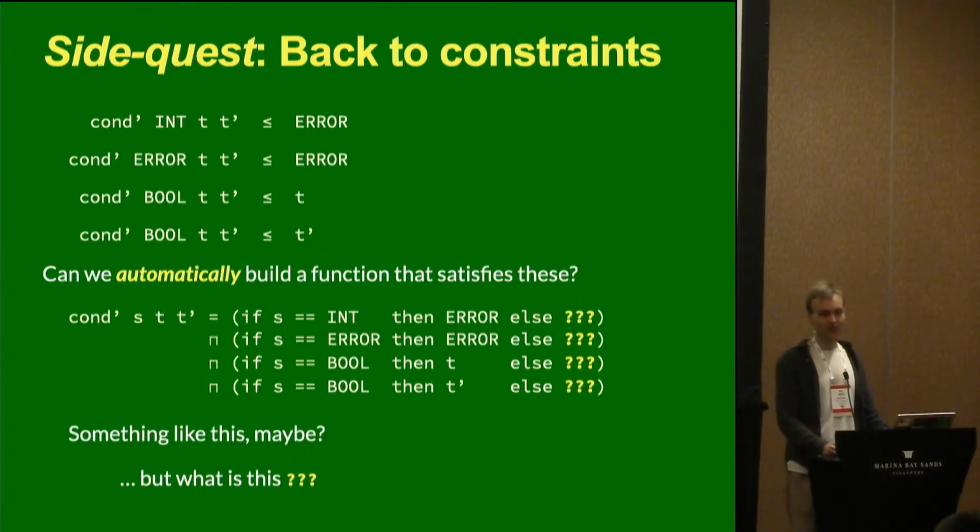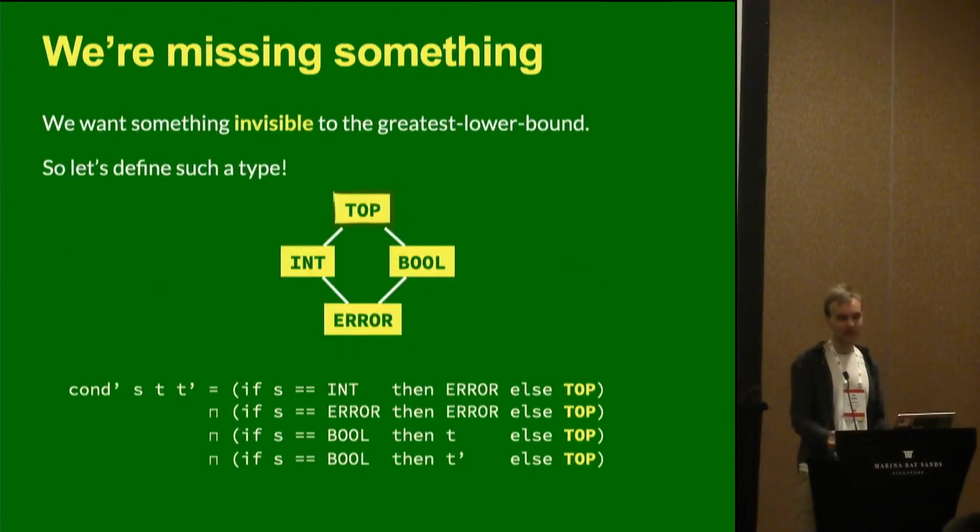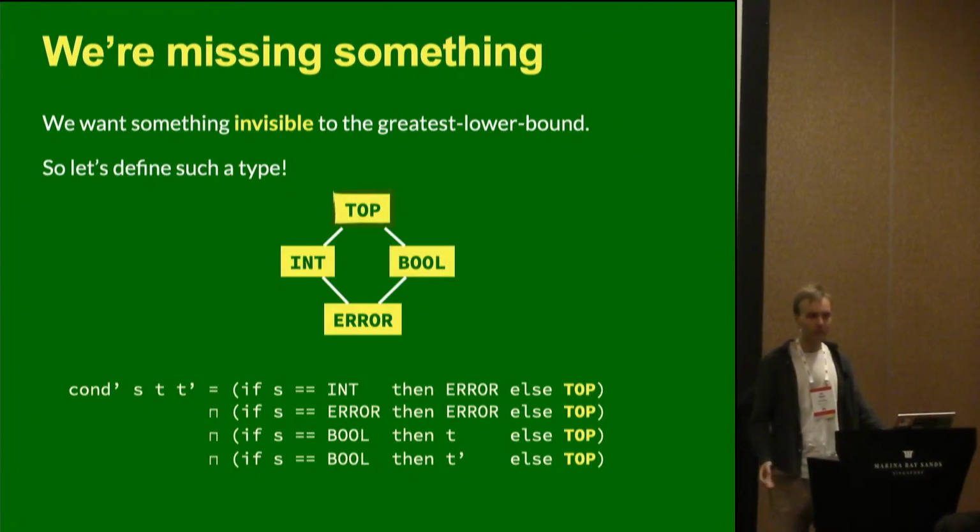But the great thing is that we have control over our partial order. So we can introduce a type that is invisible to the greatest lower bound, and actually this is the top type. Top is greater than anything, so the greatest lower bound of top and anything else is anything else.